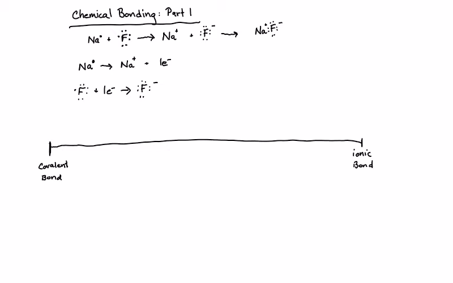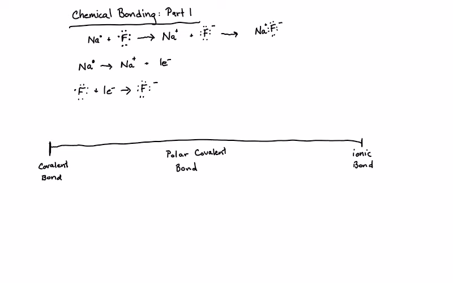Okay, and everywhere in between is what we call a polar covalent bond. And the thing that distinguishes whether or not you have a covalent bond or an ionic bond or a polar covalent bond is the difference of the electronegativities of the 2 atoms involved in the bond.